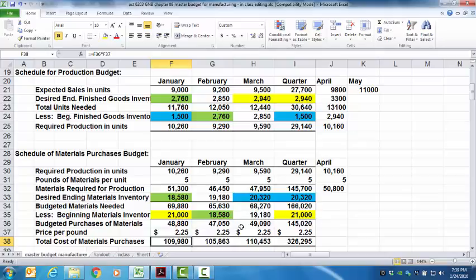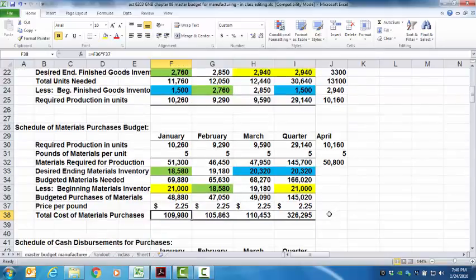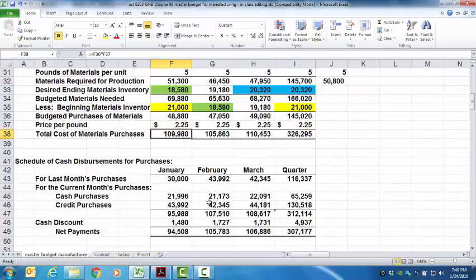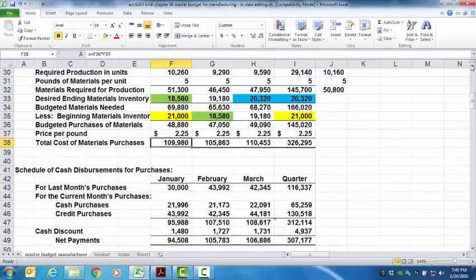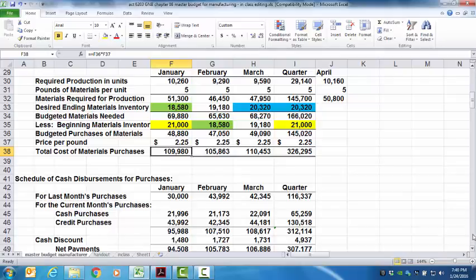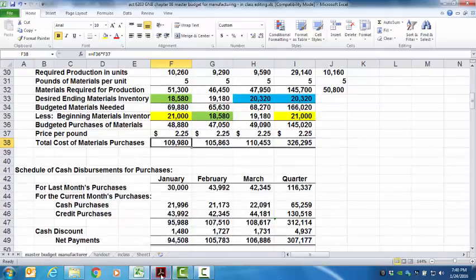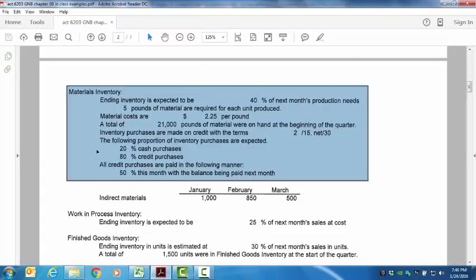Now, the budget that I'm going to prepare after this one is how are you going to pay for it? So this is going to be our disbursements for purchases budget. So they are two different ones here. If I come back over here to the data sheet, it tells me how I pay for this.